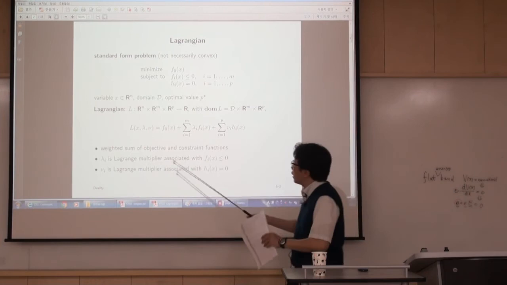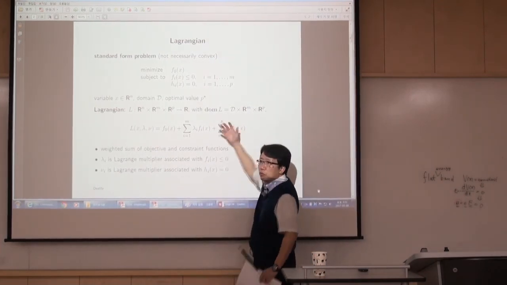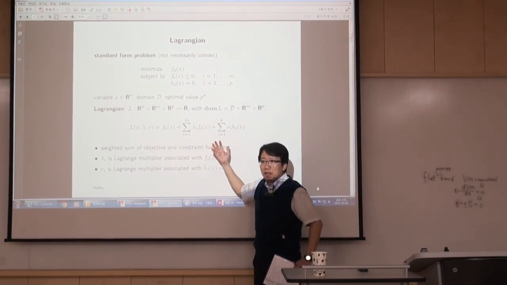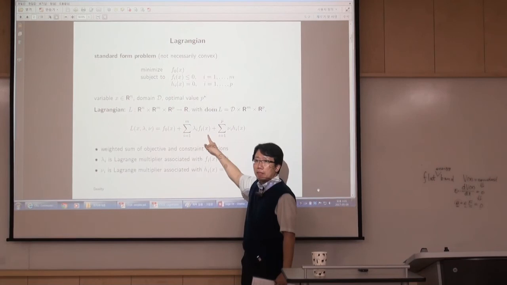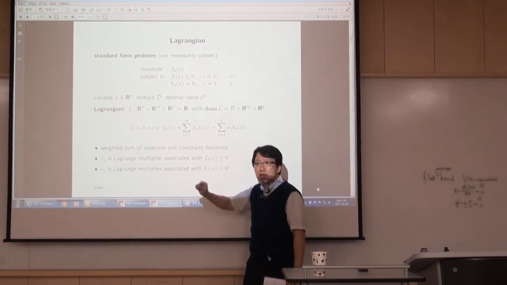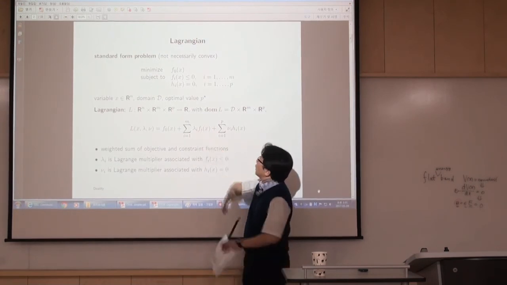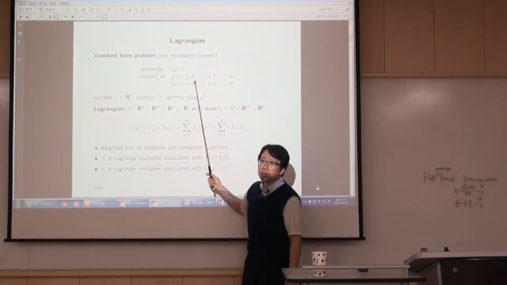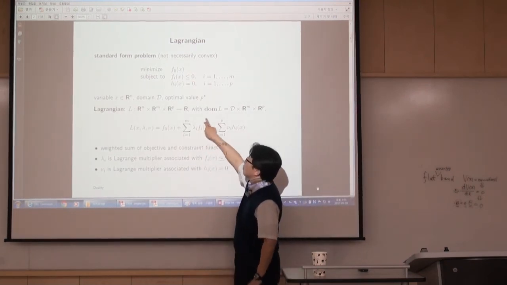So if we constrain our x to our constraint set, this is just 0. Why do we add it, you may say. Got it? This is 0. What about this part? If x is in the constraint set, individual f_i of x is what? Less than or equal to 0. Got it? So this is less than or equal to 0.